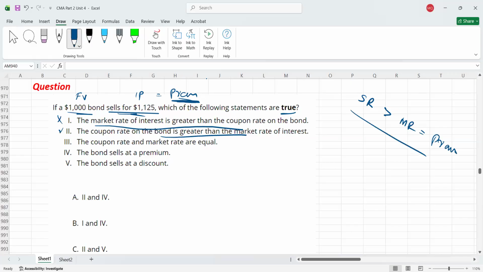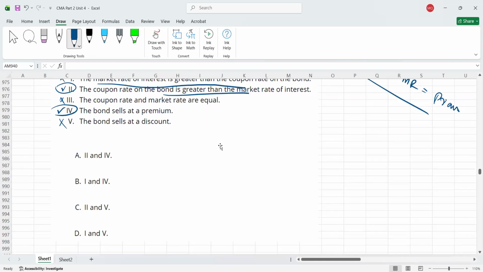Third, the coupon rate and market rate are equal. No. Fourth, the bond sells at a premium. Yes, as I told you, whenever the issue price is more than the face value, that is going to be a premium. The bond sells at a discount. No. So only statements two and four are correct, and option A is correct.